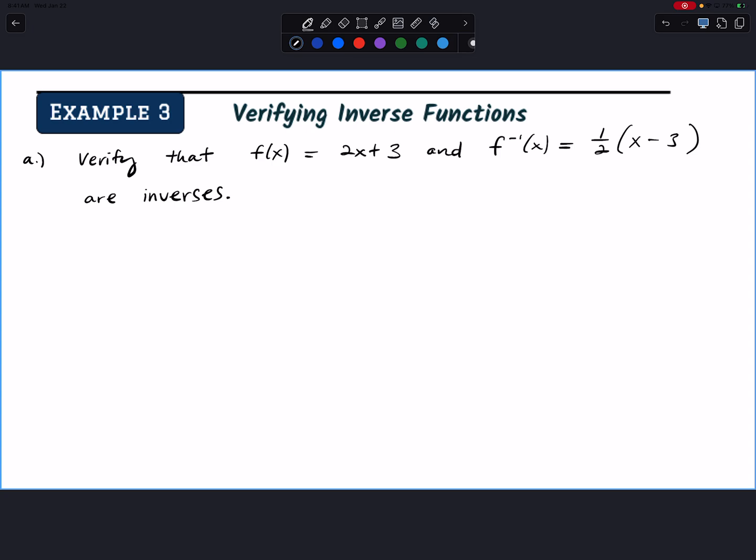So remember, that means that we have to show that f of f inverse of x is equal to x and f inverse of f of x is equal to x.